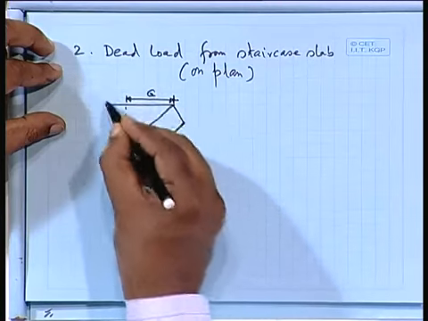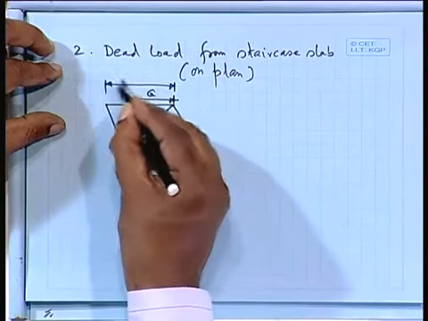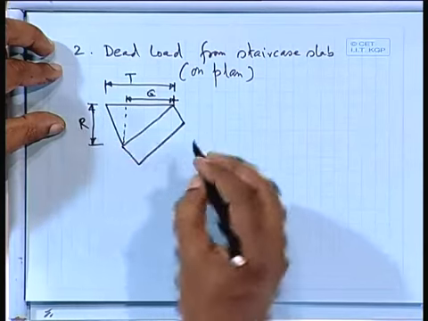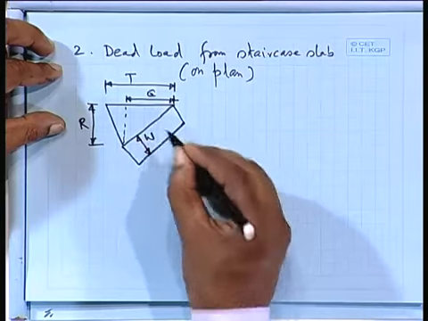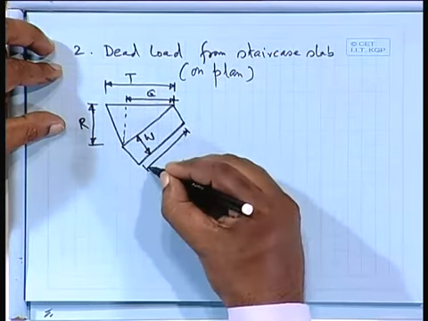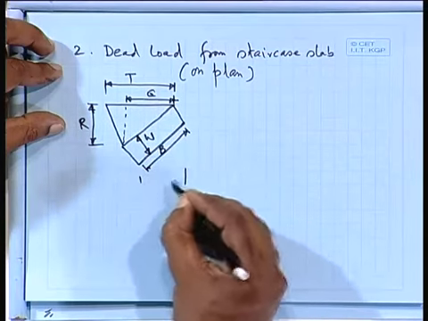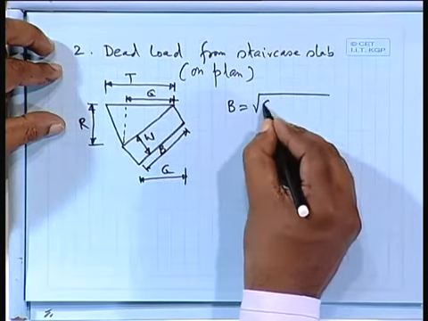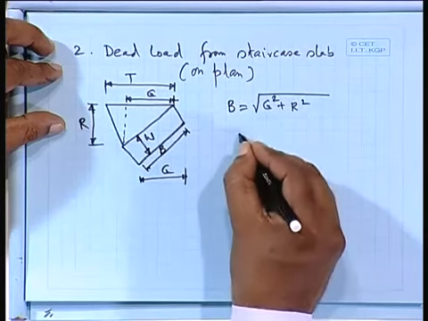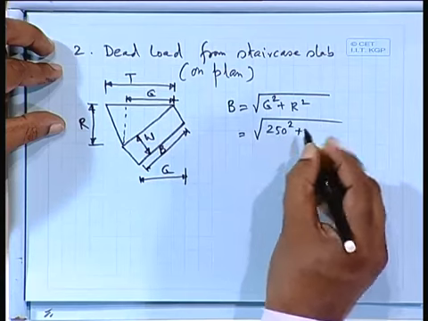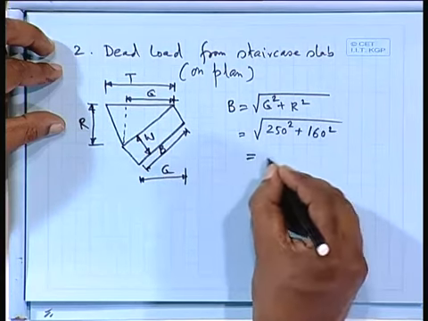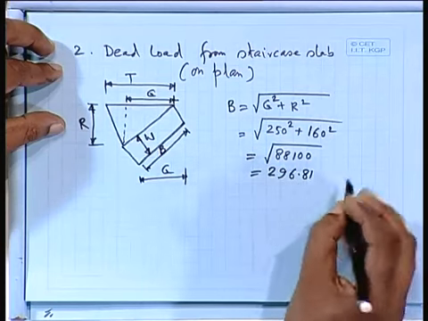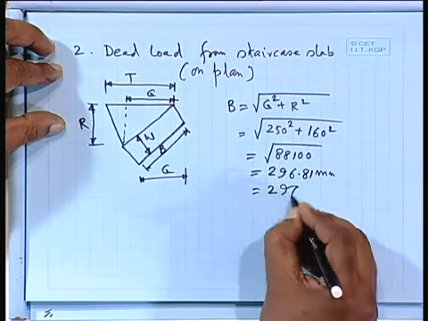So this is G, this is T, tread, this is R, rise, W, B, and this is G. B equal to root over G square plus R square, where G we have taken 250, R equal to 160, which is 296.81 millimeter, let us say 297 millimeter.